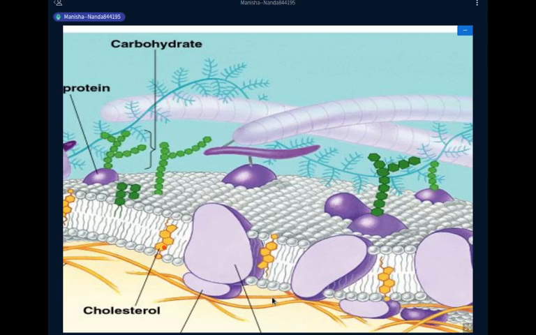Any large hydrophilic molecule cannot pass through it, right? But if we take a look at the behavior of these lipids, they have both hydrophilic and hydrophobic parts. So is this clear to all of you? If you take a look at this diagram, do you get this? That the extremes are hydrophilic, whereas the interior is highly hydrophobic.